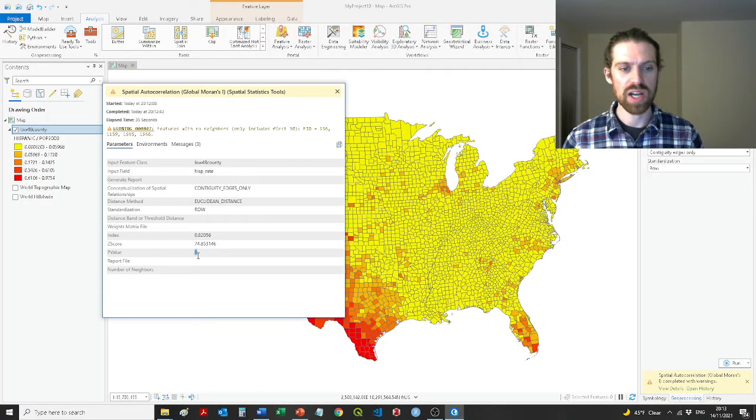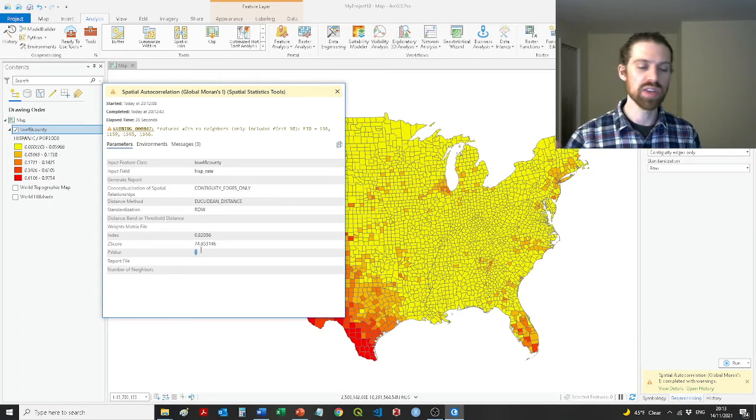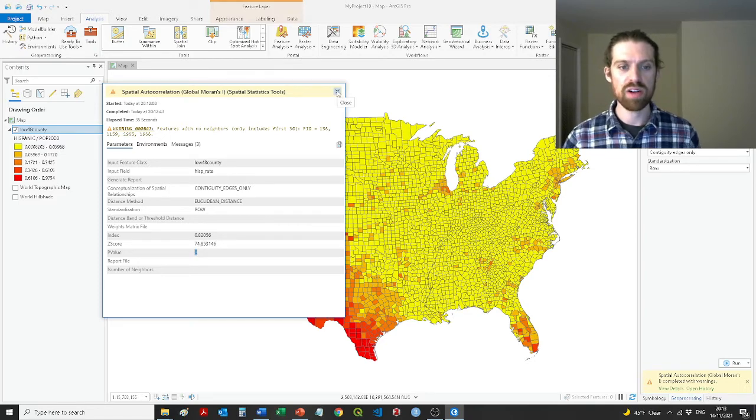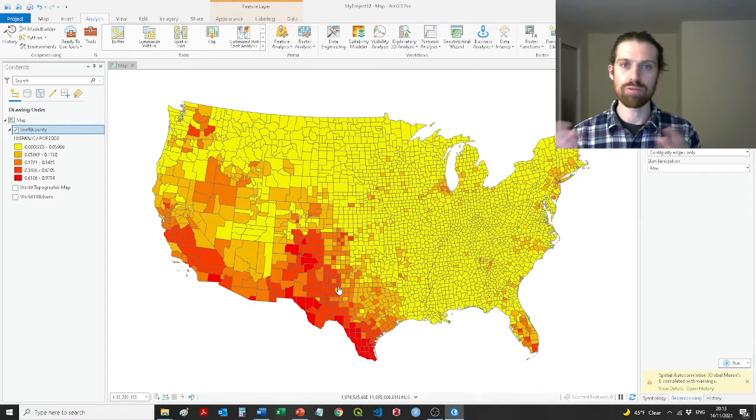And the p-value that we get for this is below 0.001, so it's highly, highly significant. So we have very strong clustering here for the Hispanic rate relative to the year 2000 population, okay.